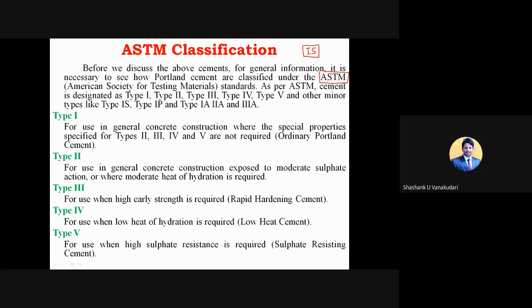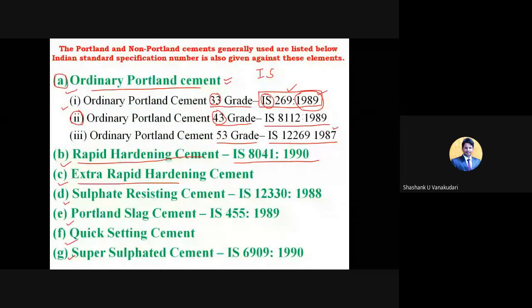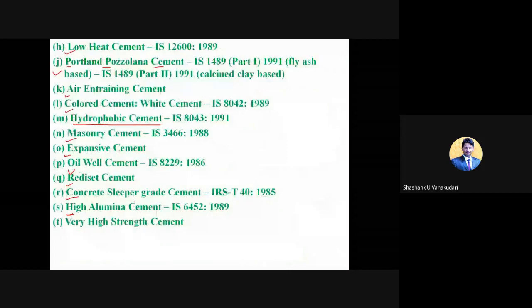So as per ASTM, the cement is designated as type 1, type 2, type 3, type 4, and type 5. So there are 5 types of cements classified under ASTM. Much of it is similar to our Indian Standard classification, but only the classification names have changed. They classify as type 1 to type 5, whereas we have given particular names like rapid hardening cement, quick setting cement, and low heat cement, right?